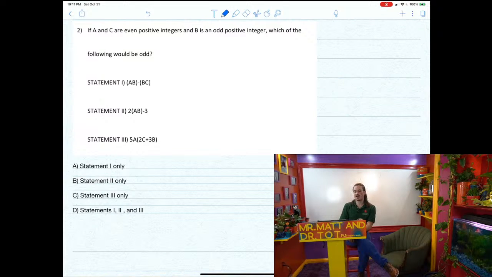Statement 3 says 5A times the quantity 2C plus 3B. Answer selections A, B, and C respectively are statements 1, 2, and 3 only, and answer selection D is statements 1, 2, and 3. You have 3 minutes.